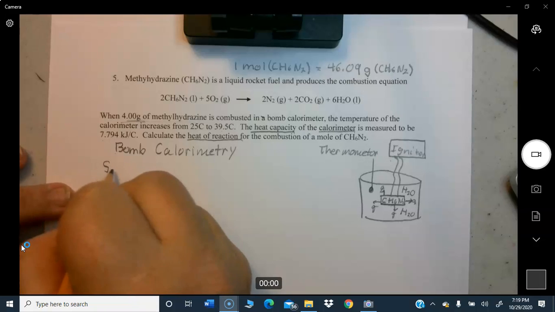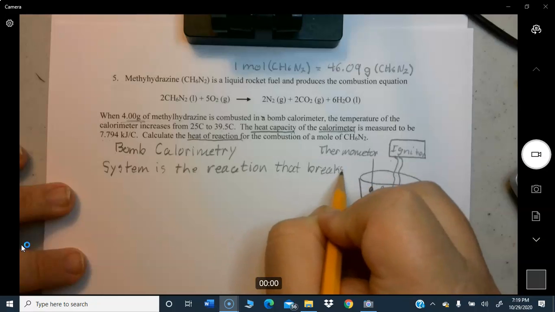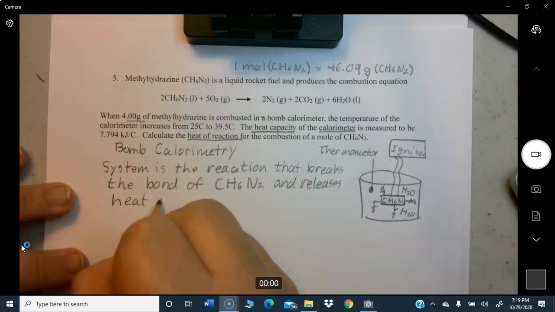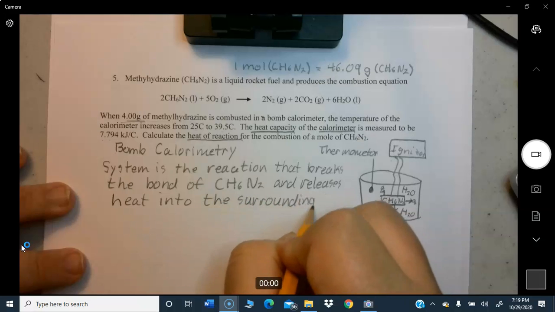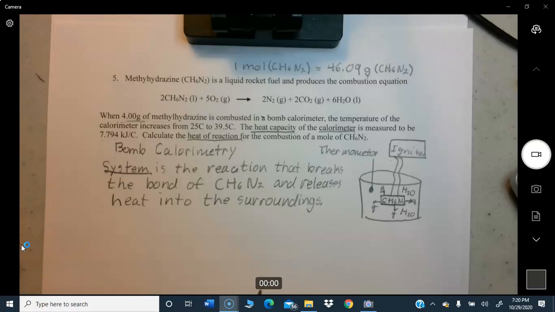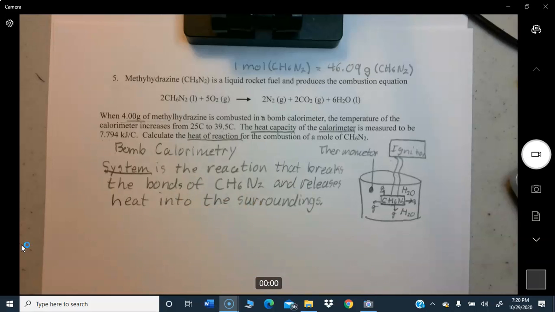Okay, so let's define the system. The system is the reaction, just like in the last problem, the reaction that breaks the bonds of methylhydrazine and releases the heat into the surroundings. Okay, what's the surroundings?